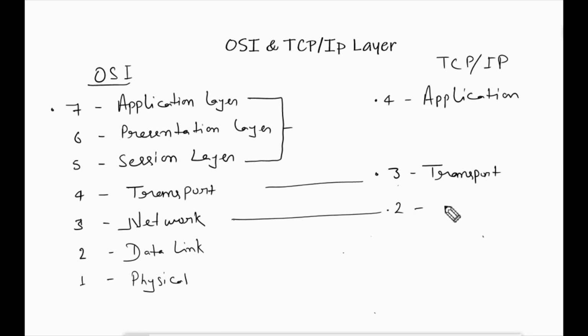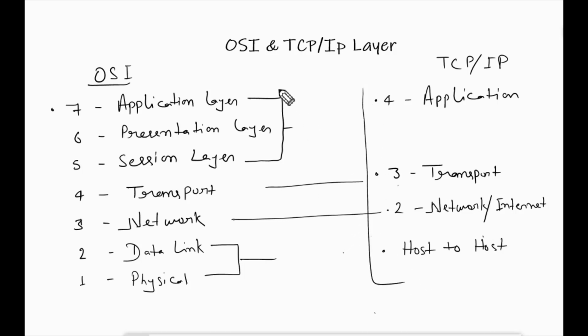The second one you can call the network or internet layer, and again the first and second layers are combined as the host to host layer. So these are the layers of OSI and TCP.